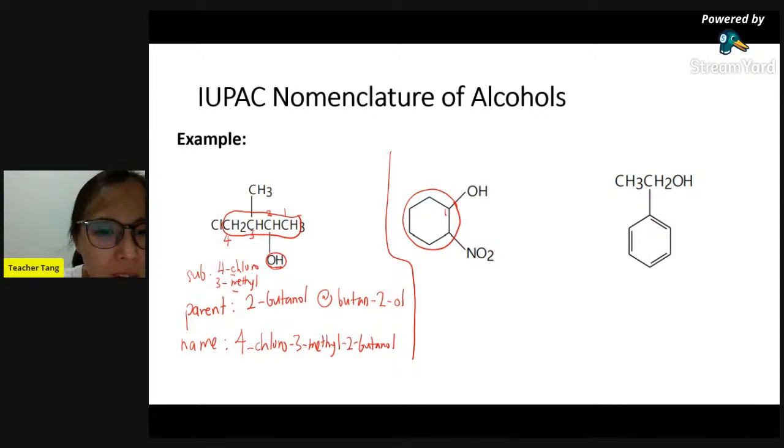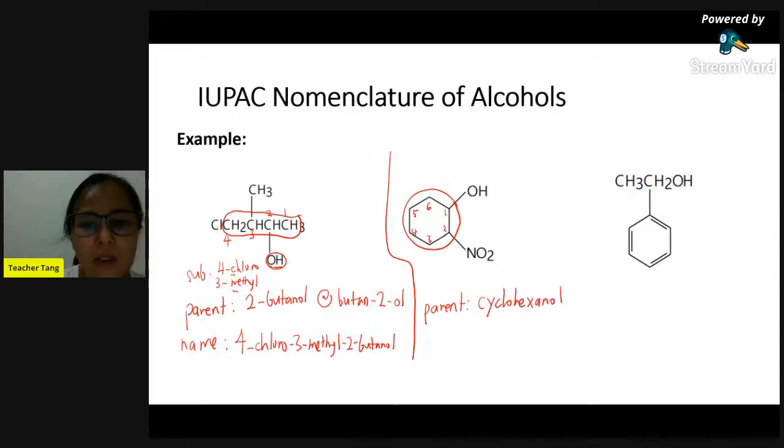So this is number 2, 3, 4, 5, 6. So this parent is called cyclohexanol.